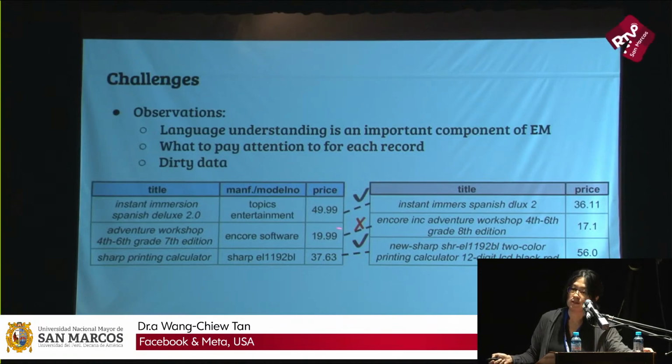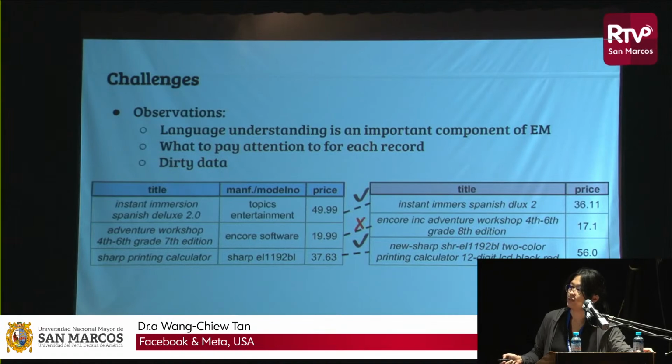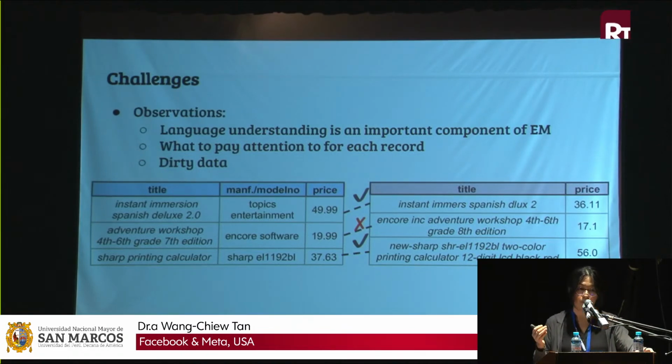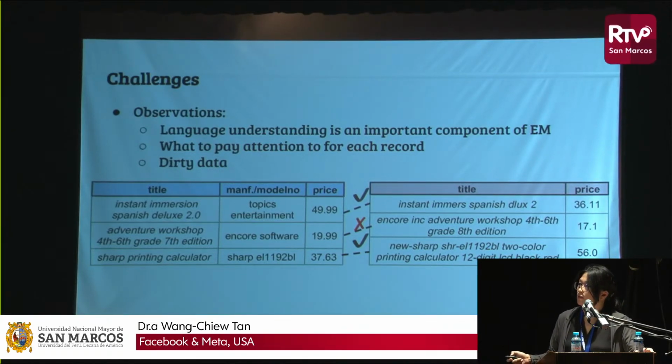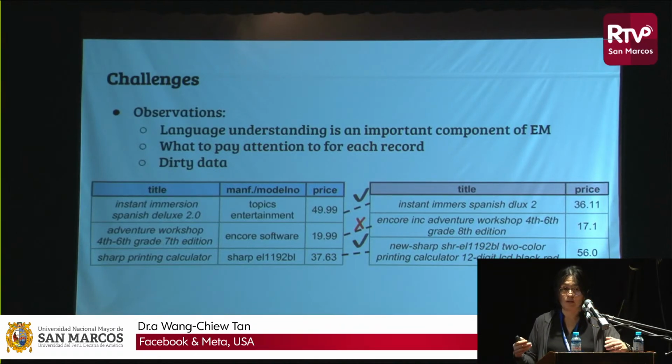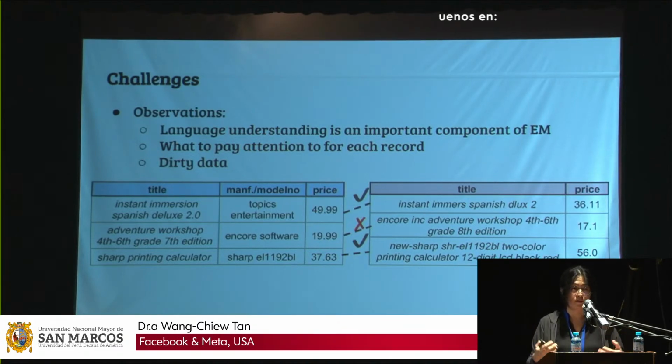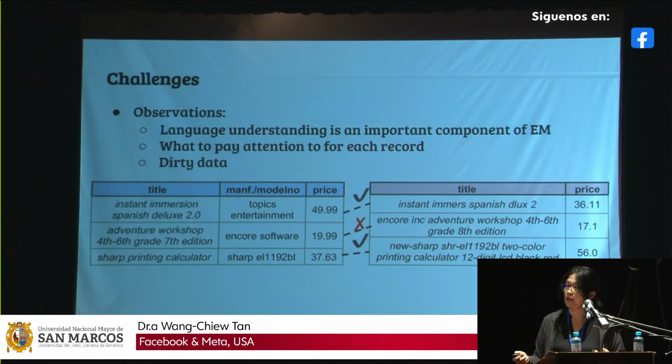If you see these three pairs of entities, first thing you notice is that there's quite a bit of language involved, so language understanding is an important component of entity matching. We cannot ignore that because some data sets are just text heavy. The second observation is that how you arrive at the decision of what should match or not match is different for different records.